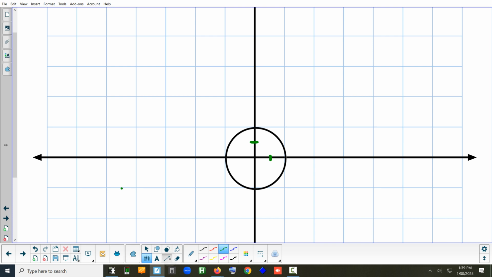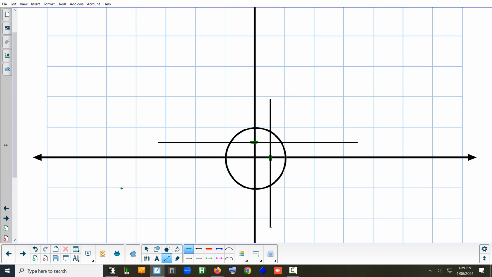Here's 0.5. If you go up 0.5 and you go over 0.5, are you on the circle? No. So it's not 0.5, 0.5. It's a little more than that, about 0.7 something. We're going to see exactly what it is. It ends up being a square root.